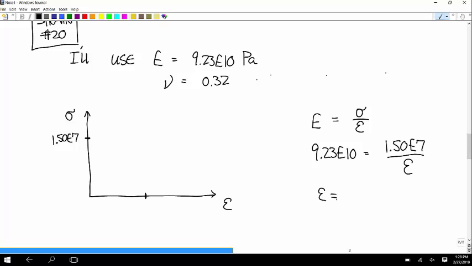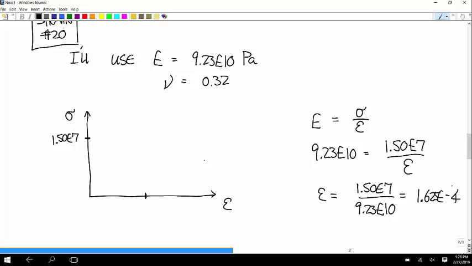So the strain is 1.50 times 10 to the 7th divided by 9.23 times 10 to the 10th. And what do you get? 1.625 times 10 to the negative fourth.